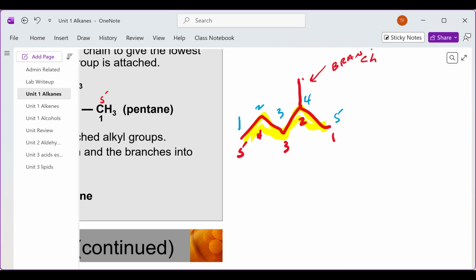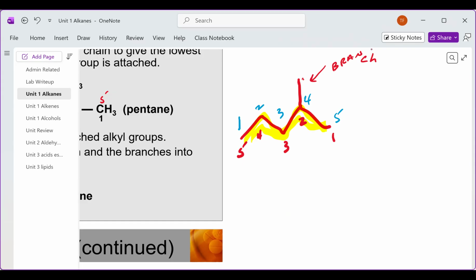So if I was to write the name of this pentane down, it's got a branch, and the branch is either going to be on carbon 2 or carbon 4. Depends on the numbering system. So let's name the red one first.